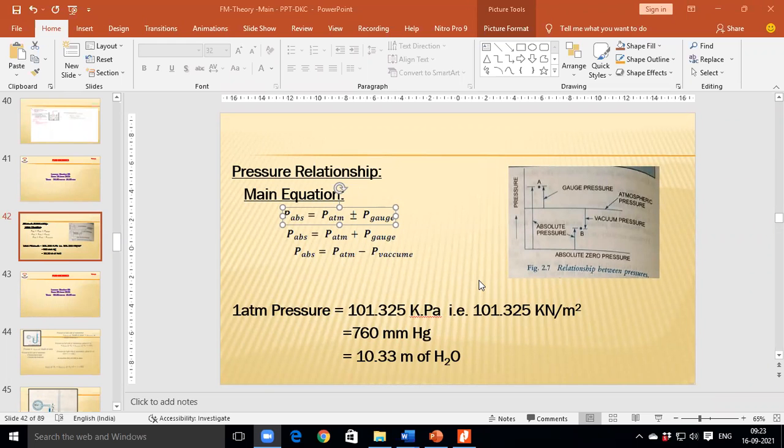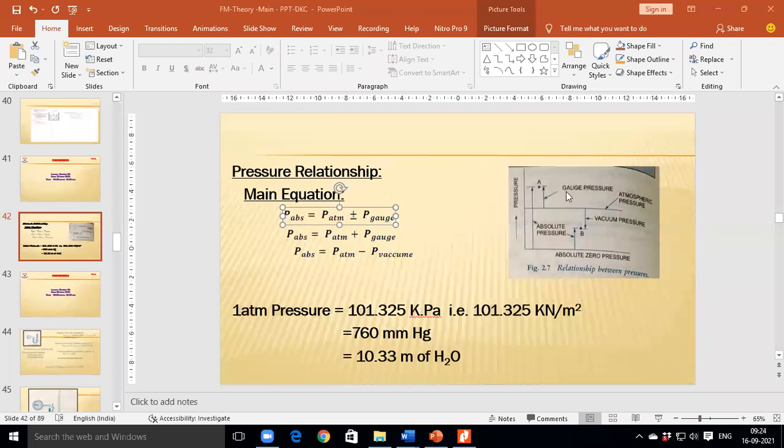Inside the tire, the pressure is higher. Outside the tire, that is atmospheric pressure. Inside the tire, the pressure is greater than the atmospheric pressure. That is called the gauge pressure.